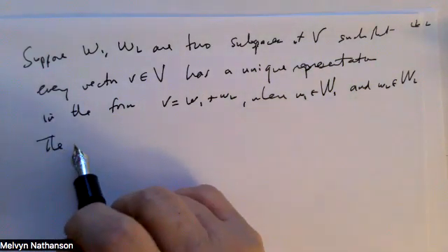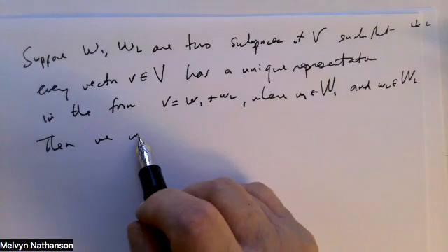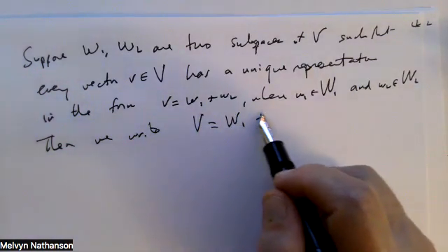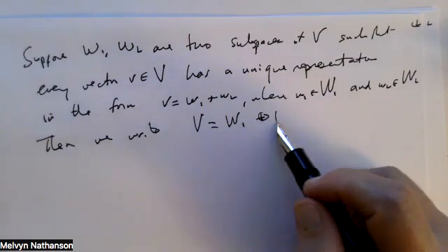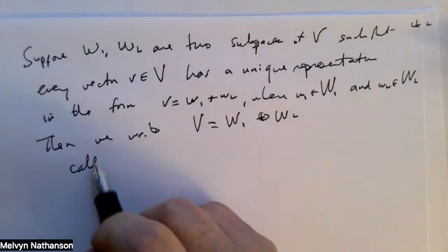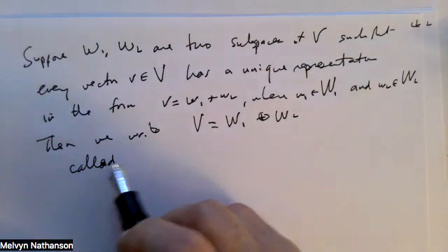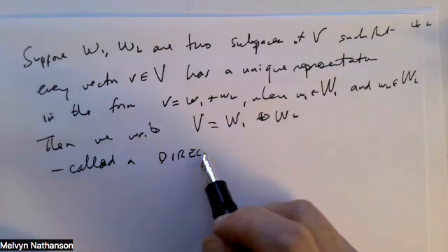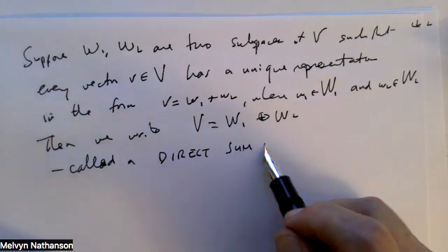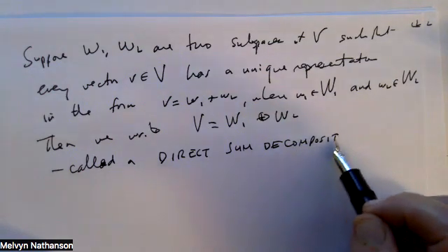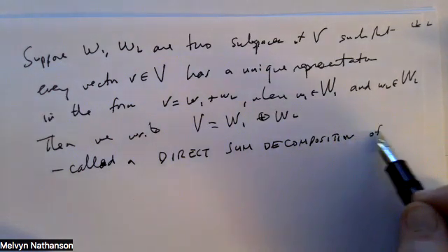Then we write V is W1, and I write a plus sign with a circle around it, W2. This is called a direct sum decomposition of V.